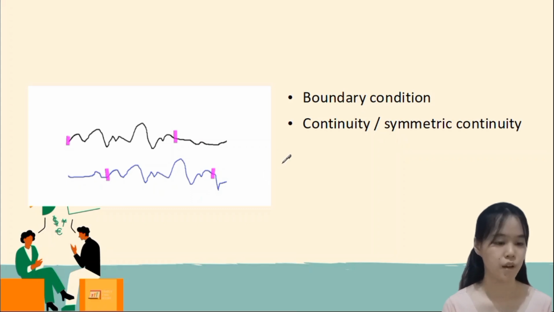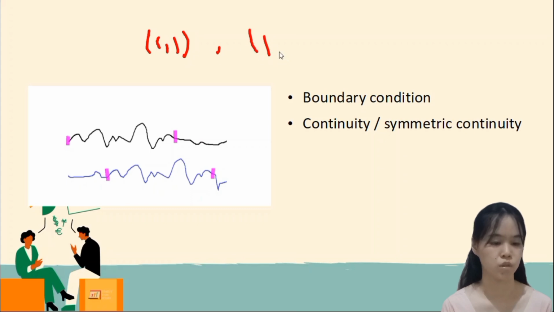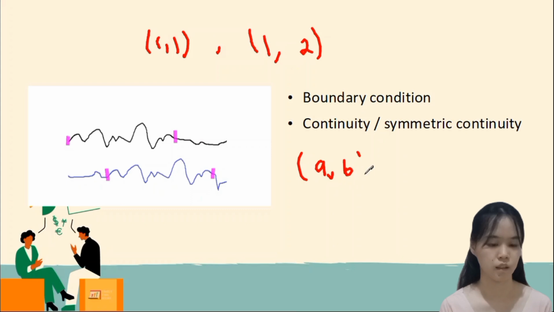And the second one is continuity, or some people call it the symmetric continuity constraint. So we have a warping path that looks like this earlier, like 1,1, and then 1,2. Let's say that we have A, B, and then the next warping path is A star, B star.